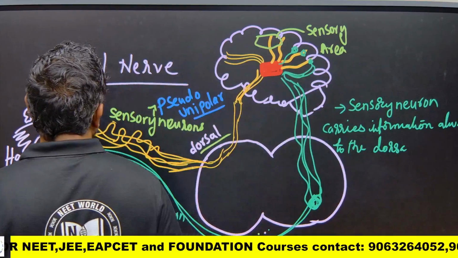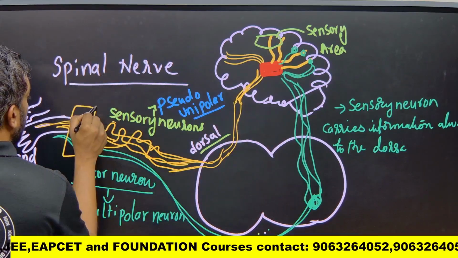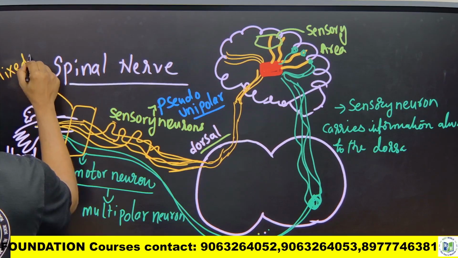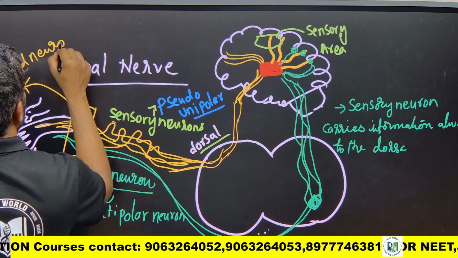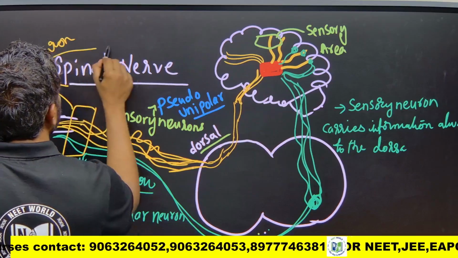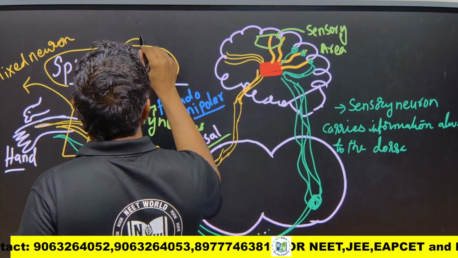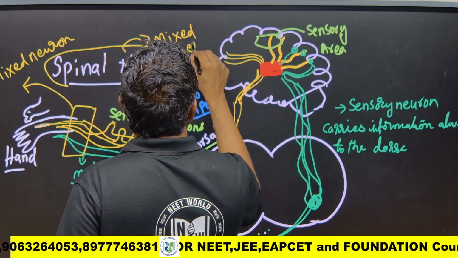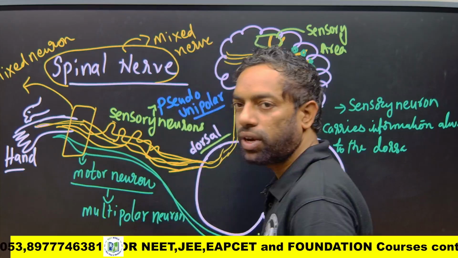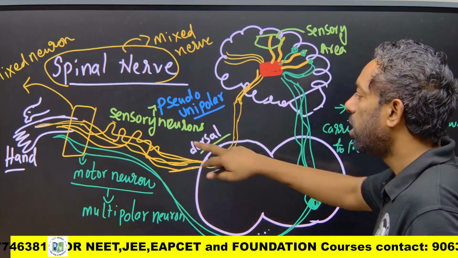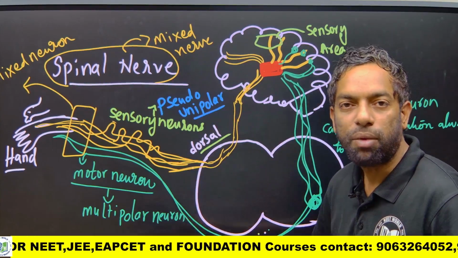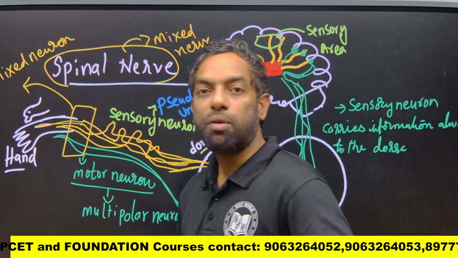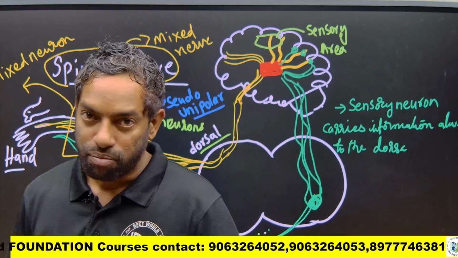Pseudo-unipolar neuron and multipolar neuron together we call a mixed nerve. Spinal nerve is nothing but a mixed nerve: one pseudo-unipolar neuron, which is the sensory neuron, and one multipolar neuron, which is the motor neuron.